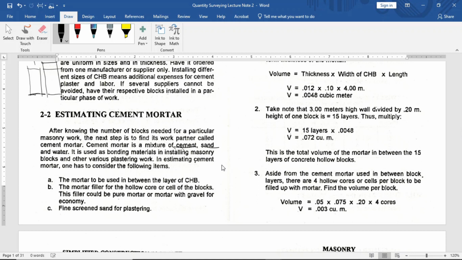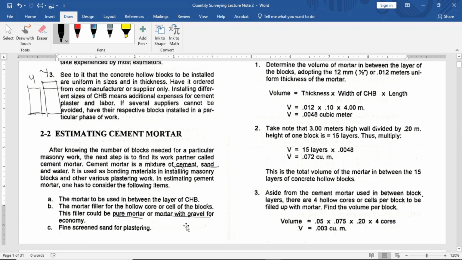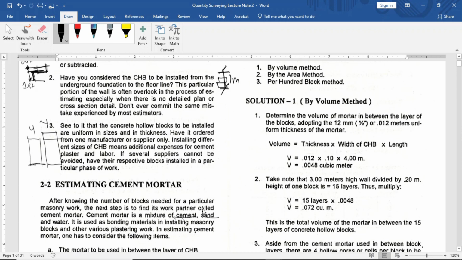So, walang gravel sa mortar. So, pero yung sa mortar filler natin, pwedeng pure mortar lang or mortar with gravel para makatipid tayo sa semento. Sa mortar filler lang yan.